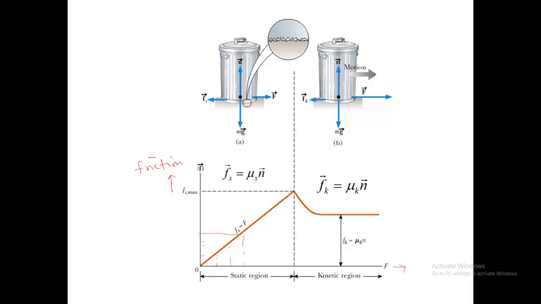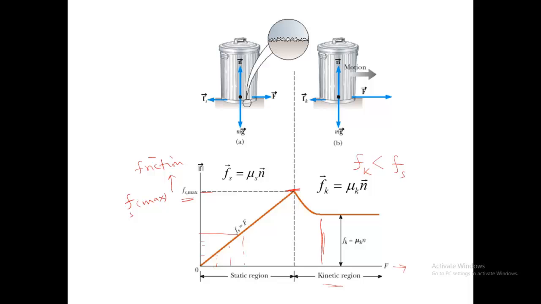You reach the maximum. You see, this is maximum F s, static force of friction, maximum up to here, this one, right? Now after that object starts moving, and this one is called the kinetic force of friction, which is less than this one.